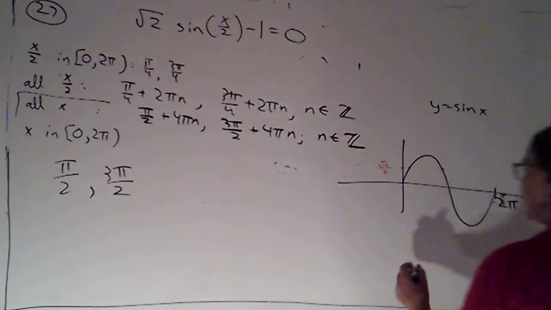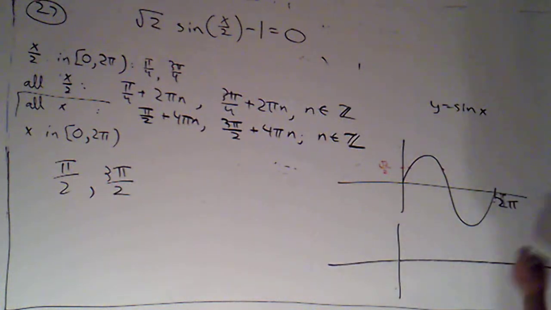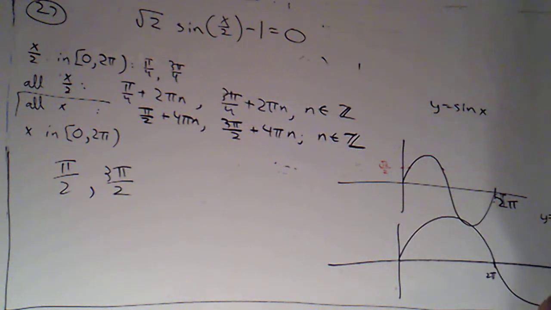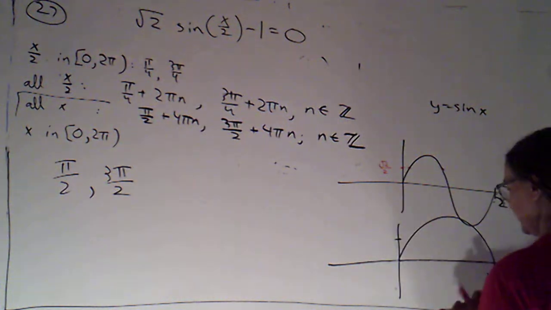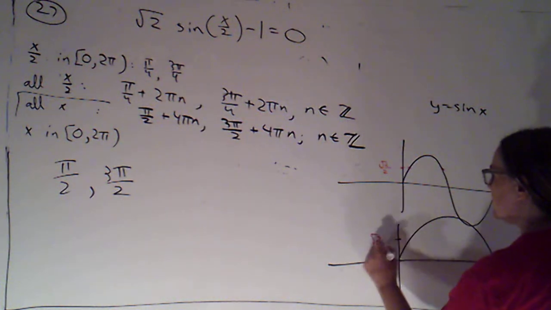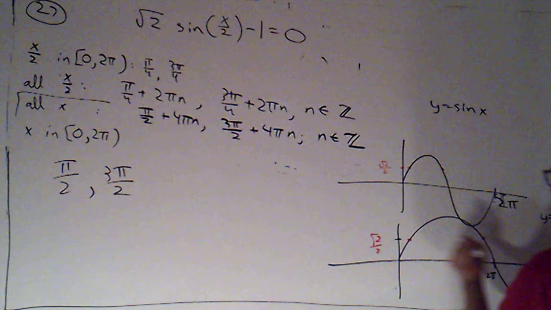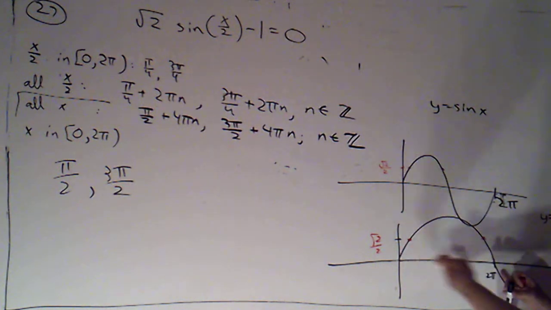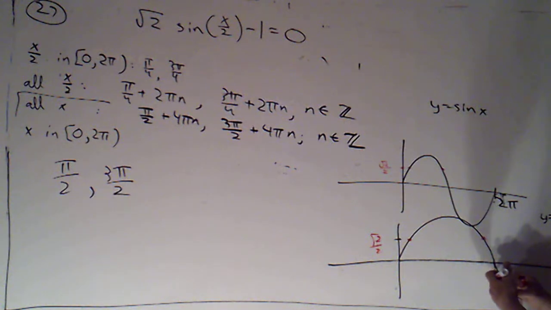If I then take a look at y equals sine of x over 2, here's 2 pi, here would be 4 pi. It's still going to hit root 2 over 2 twice in the interval from 0 to 2 pi. That's just half of a period.